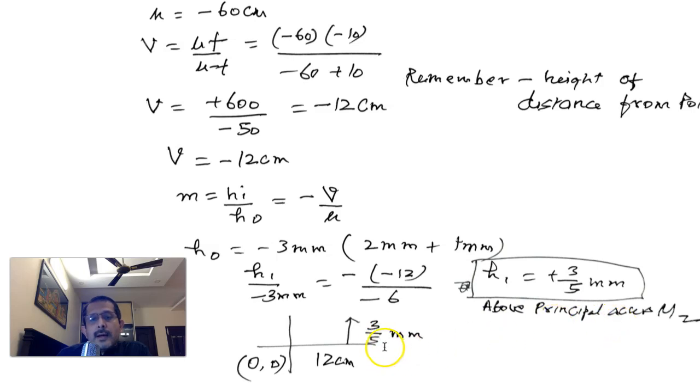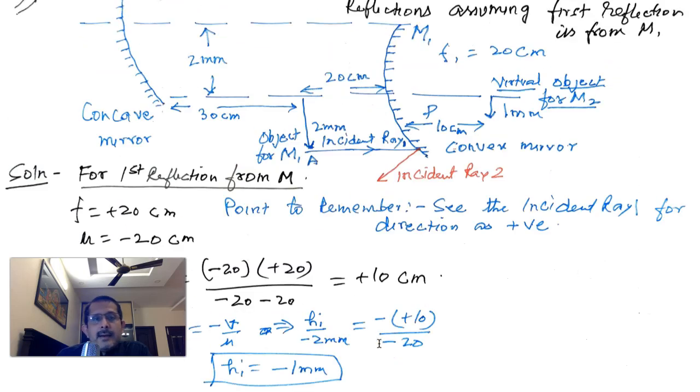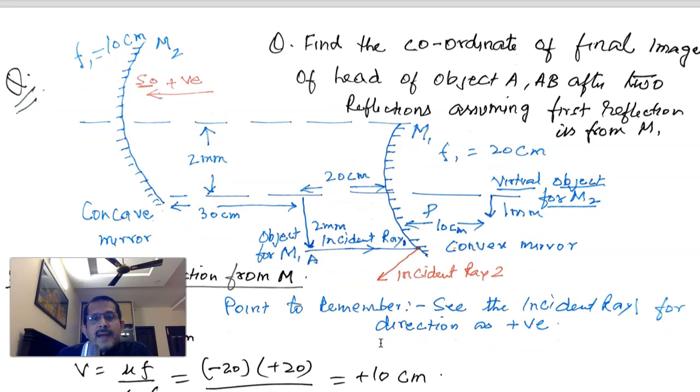If I go back here, the final image would be 3 by 5 mm in height from here, because right now we are talking about this mirror, and everything is relative to this.